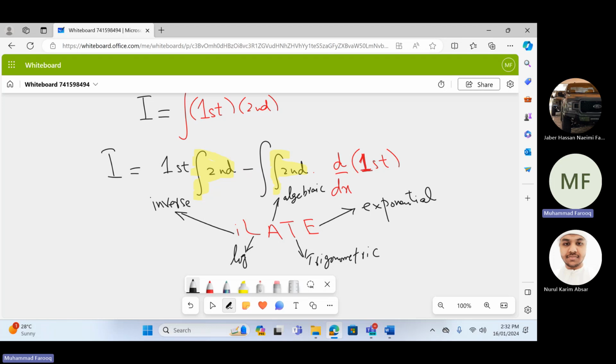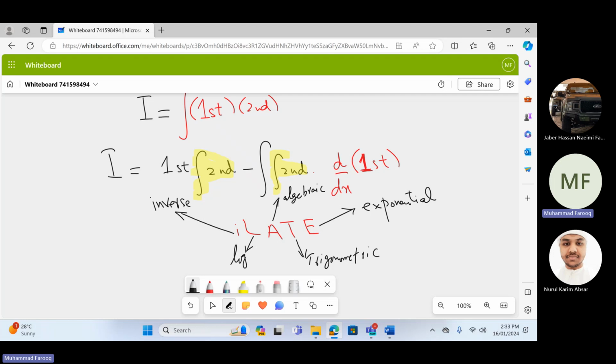But again, I'm telling you, it's not any formula, please. It's just an observation. Maybe it becomes wrong sometimes, okay? So you can't depend on it for each question. But it mostly works. Okay, so I have just shared with you which function you can take as first and which as second.